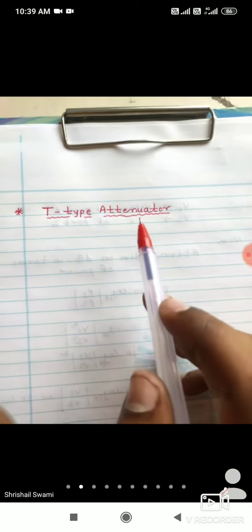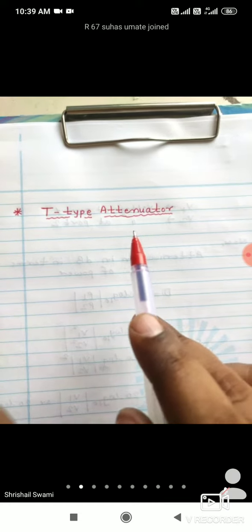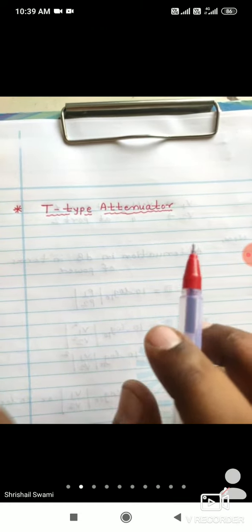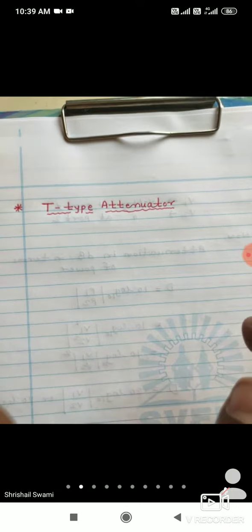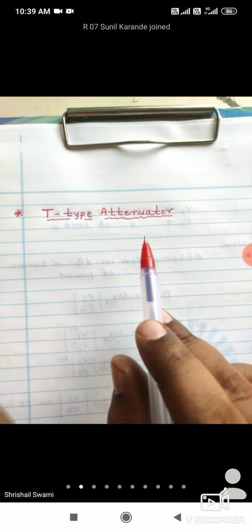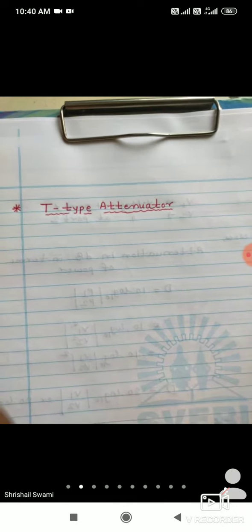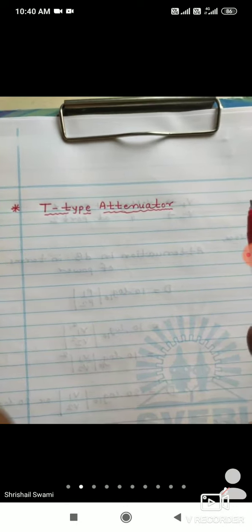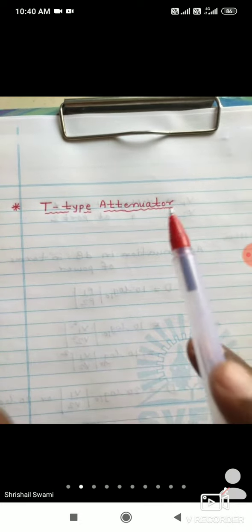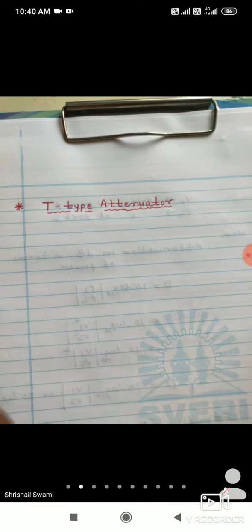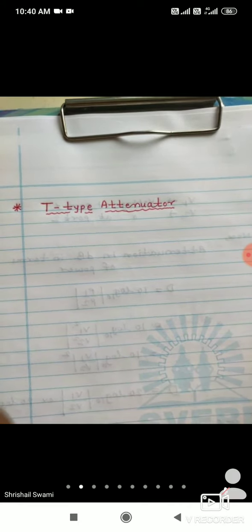All passive filters are designed with reactive elements, that is L and C, but attenuators we are going to design with the help of a resistive network. Only resistors are required to design any type of attenuator, that is T type, pi type and lattice. So only a resistive network is required.